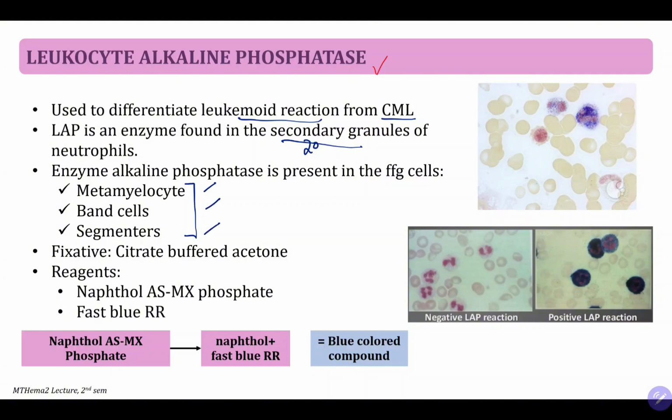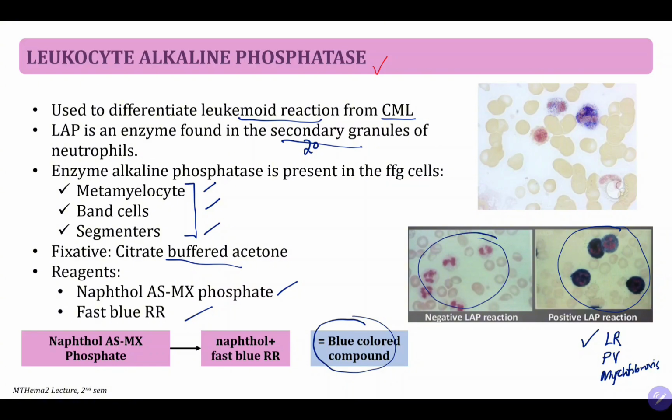Fixative for LAP is your citrated buffered acetone and its reagents naphthol ASMX phosphate and fast blue RR, combining them forming a blue colored compound or stain in your reaction. A normal or increased score or a positive LAP reaction or score indicates for leukemoid reaction, polycythemia vera, or myelofibrosis. While a negative LAP reaction or decreased scores indicates for CML.